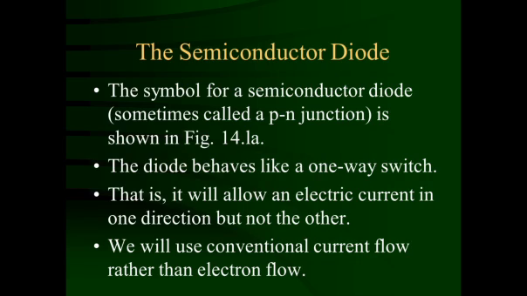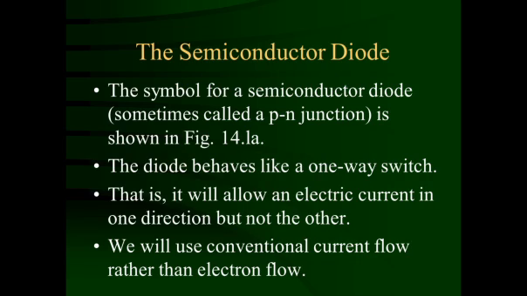The symbol of the semiconductor diode, sometimes called a PN junction, is shown in figure 14.1a. The diode behaves like a one-way switch, that is, it will allow an electric current in one direction only, but the current cannot pass in the opposite direction. So this is only a one-way path. You can say it is like traffic where flow is possible in only one direction.